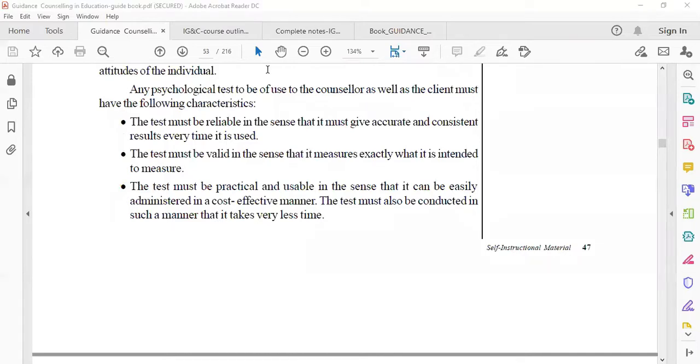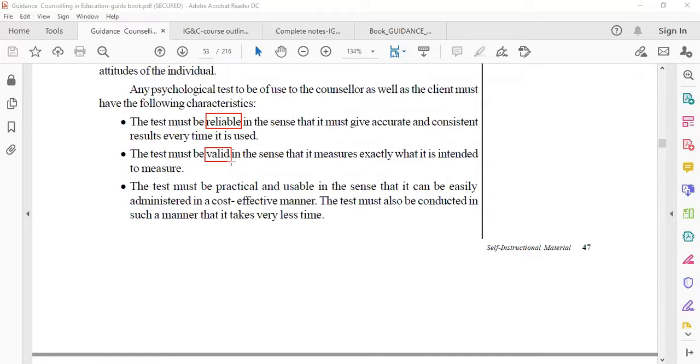Now we'll come to the importance of these tests, and the characteristics of a good test. Two characteristics are very much important. Whatever test we are applying, the test must be reliable and the test must be valid. Reliable means dependable and valid means suitable. A test should be dependable, a test should be suitable.